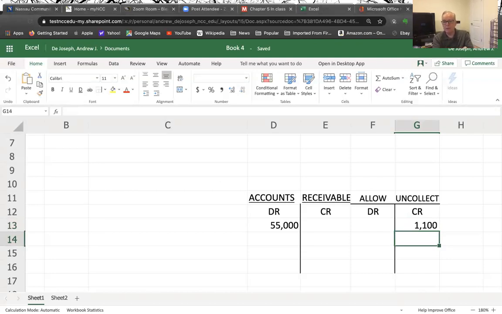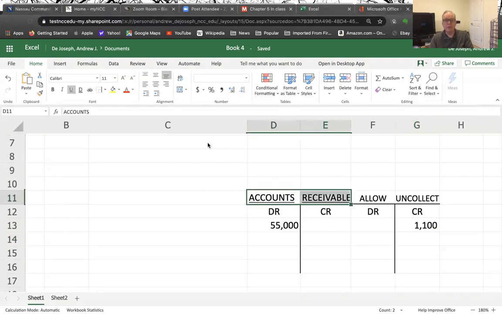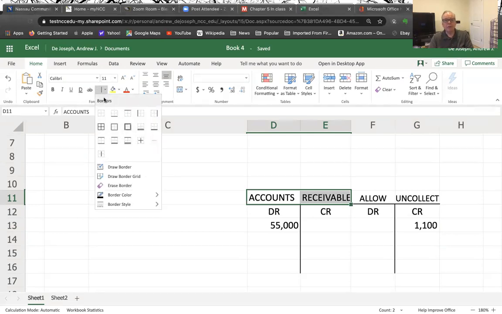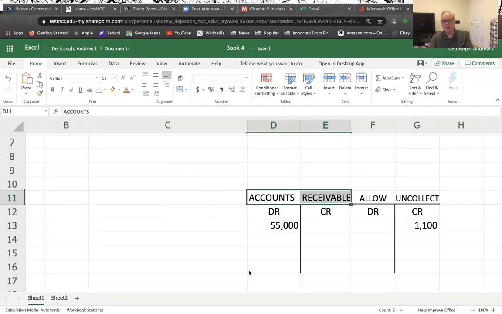Why is it significant? Remember that we're estimating here. We don't know exactly who's going to not pay. We're saying based on our experience, based on things that have happened to us in the past, we know that certain people don't pay. We don't know who they are. We don't know when. But we just know that that happens.